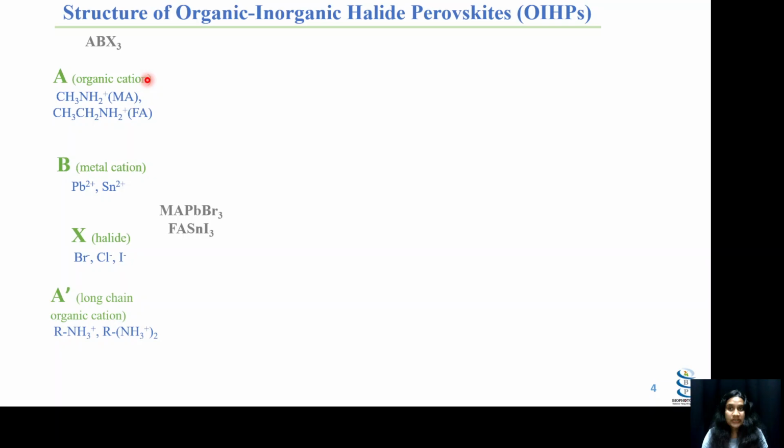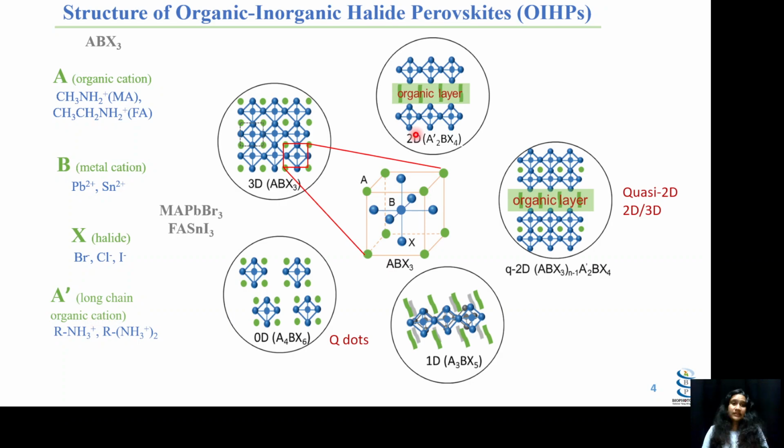So the typical 3D perovskite with the formula ABX3 would look like this. One unit cell is blown up and shown here with A, B, and X. And then if all the A were replaced by A dash, we would get a two-dimensional perovskite structure with this formula. So in between the octahedron layers, we have an organic layer.